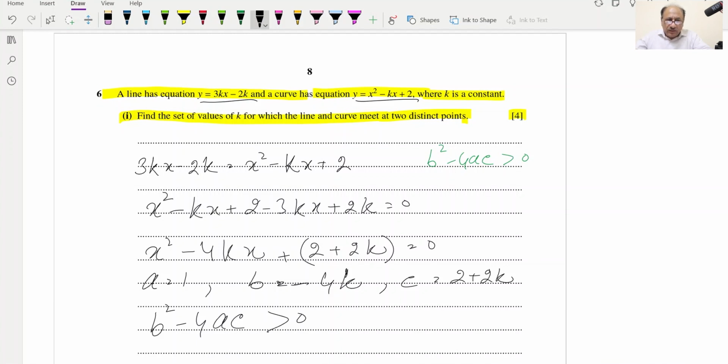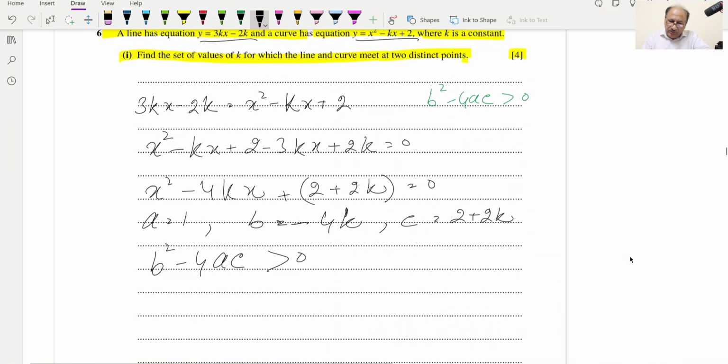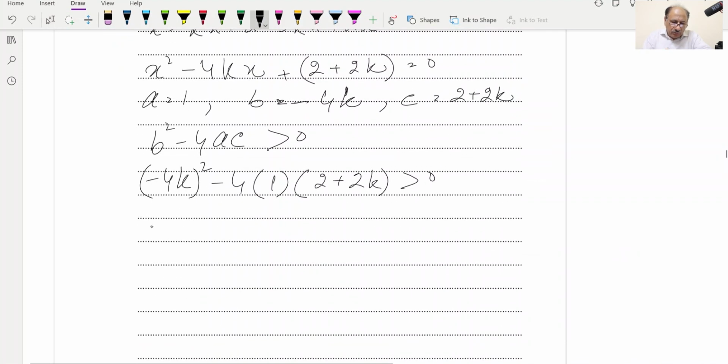We can write the b value as minus 4k. So (minus 4k) squared minus 4 into a, which is 1, into c, which is 2 plus 2k, should be greater than 0. Opening the bracket, it will be 16k squared minus 8k minus 8 is greater than 0.